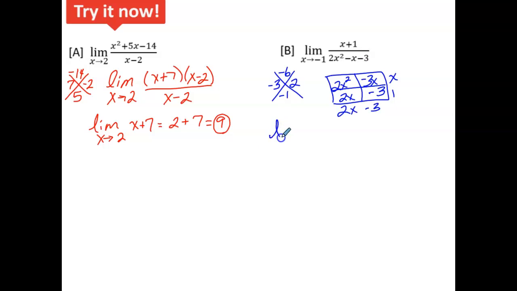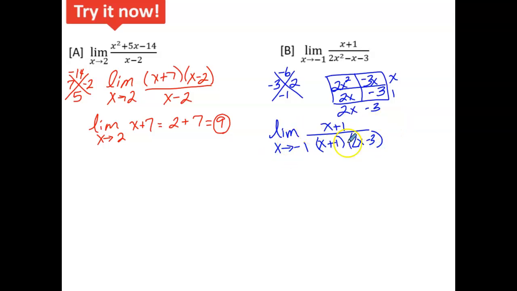So I'll be evaluating the limit as x approaches negative 1, and the numerator is an x plus 1, and in the denominator I have a factor of x plus 1 and a factor of 2x minus 3.